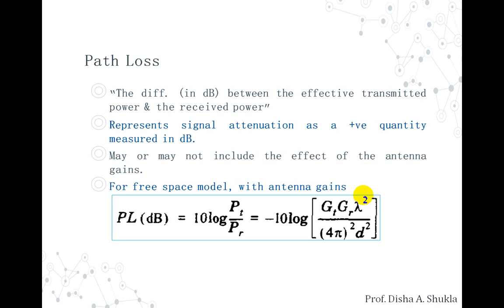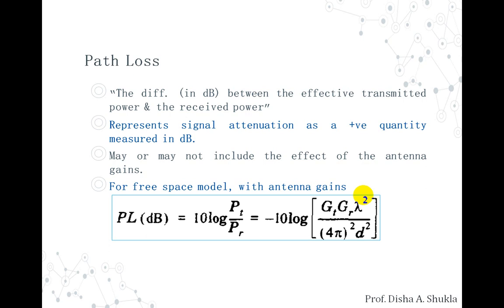Path loss represents signal attenuation as a positive quantity measured in decibels. Now, it may or may not include the effect of the antenna gains. There are different antenna gain parameters that we have seen, so they can or cannot affect the path loss. For a free space path loss model with the antenna gain, we can define PL, that is the path loss, as 10 log PT upon PR, where PT is the power at the transmitting side and PR is the power at the receiving end.